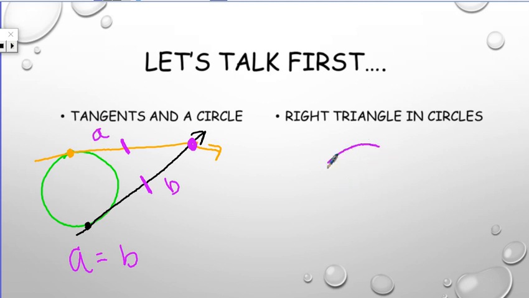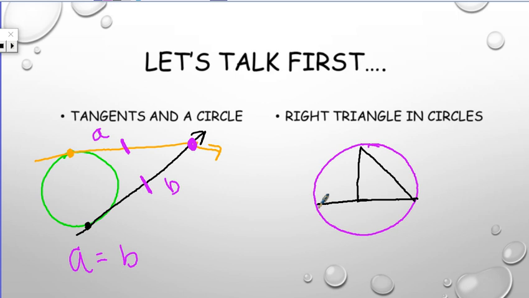So now let's look at right triangles in the circle. Here's my circumference. I'm going to draw a chord first.